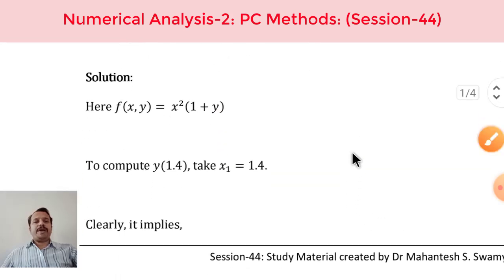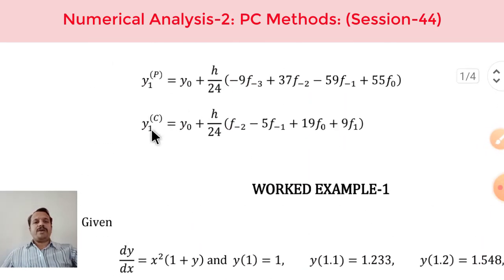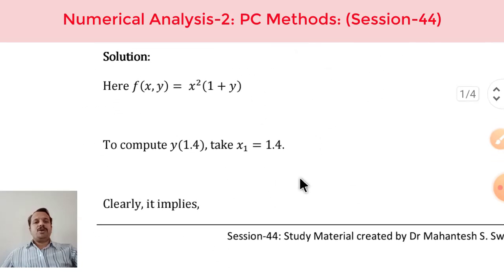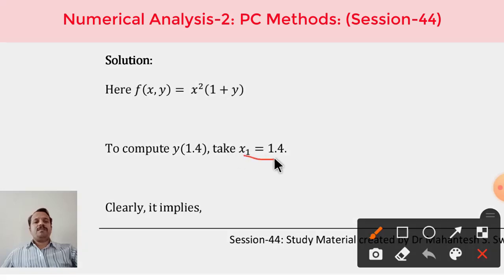You look at the formulae, they are for y1. So we are now considering that point as x1. To compute y at 1.4, let us take this point as x1, because y at 1.4 is nothing but y1, this value, whatever we are intended to find, that should be taken as y1, as in the formula of Adams-Bashforth.